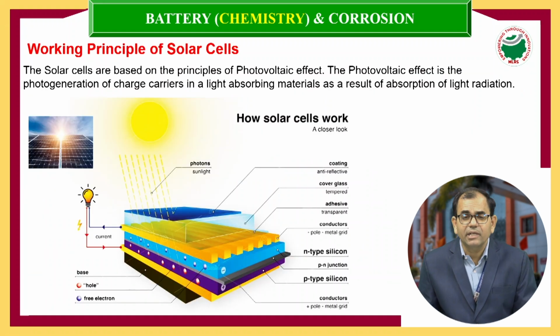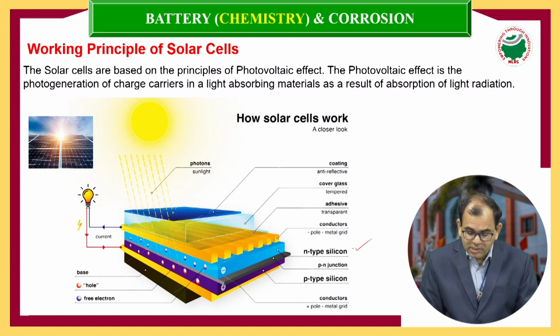There is an N-type silicon semiconductor, which we consider for emission, and we call it the emitter. There is a P-type silicon semiconductor, which we call the base or substrate. The gap between the N-type and P-type silicon semiconductors is called the PN junction.